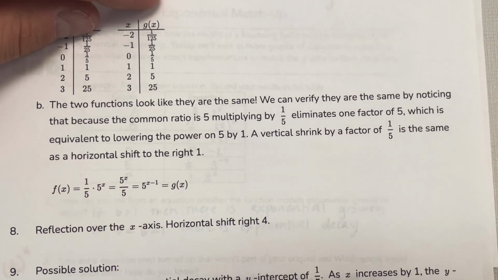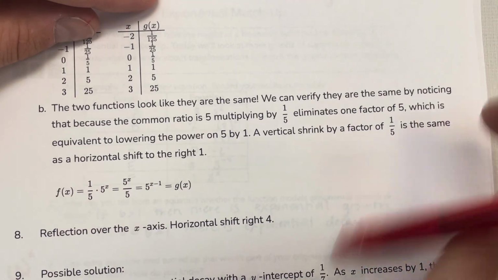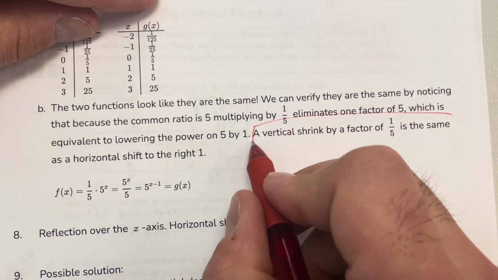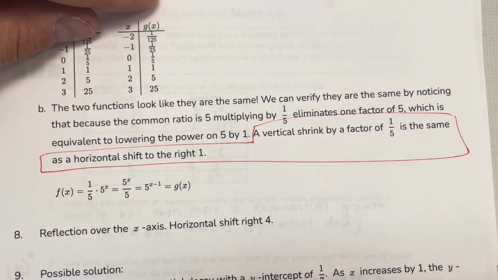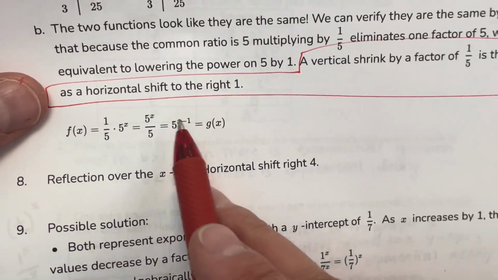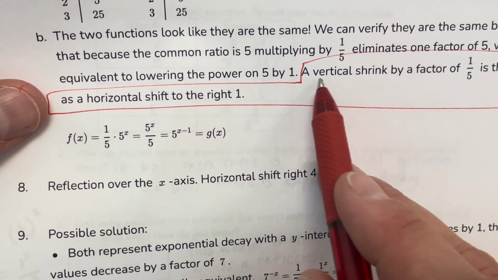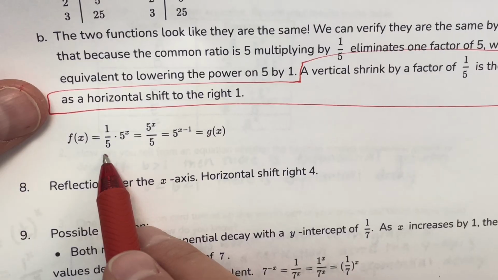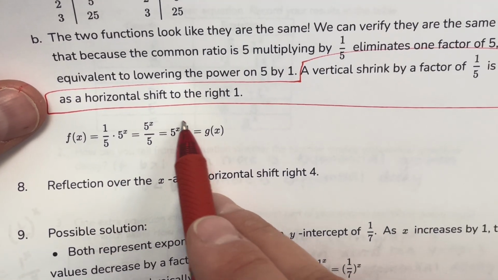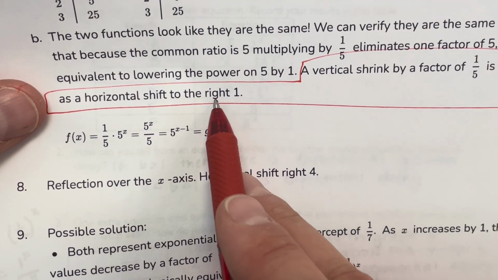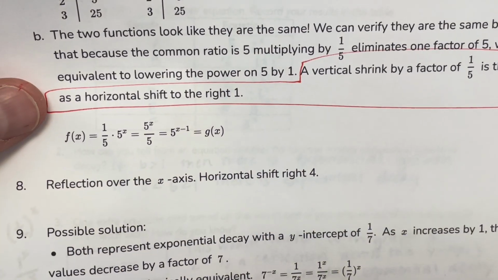Actually, that's interesting. I really like that connection to transformations. That's interesting because that's what we're doing. This is that vertical shrink because we have a scale factor in front of this. This, as a transformation, is moving it 1 right, and so they're saying that those are mathematically the same.